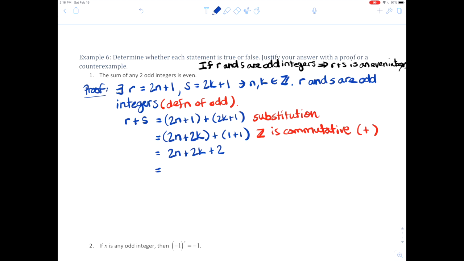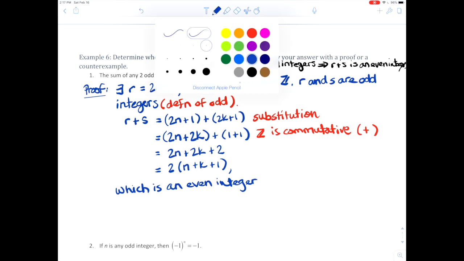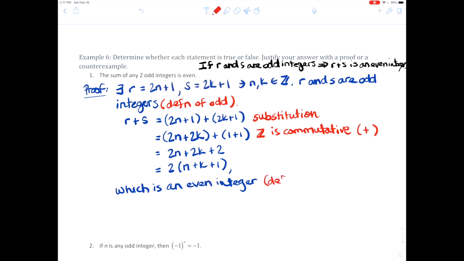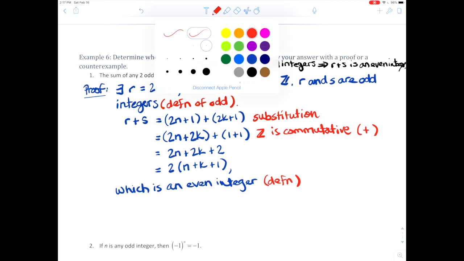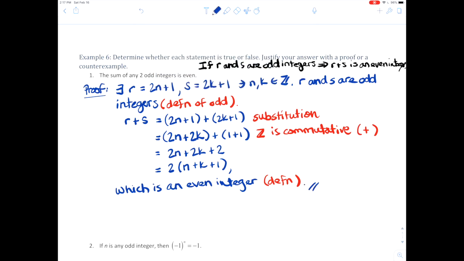So what would I do next? Well, if I factor out a 2, what will I get? n plus k plus 1, right? Which is an even integer. Isn't that groovy? And that is an even integer by definition of even integers. And we're done. We did our first proof, first real proof.